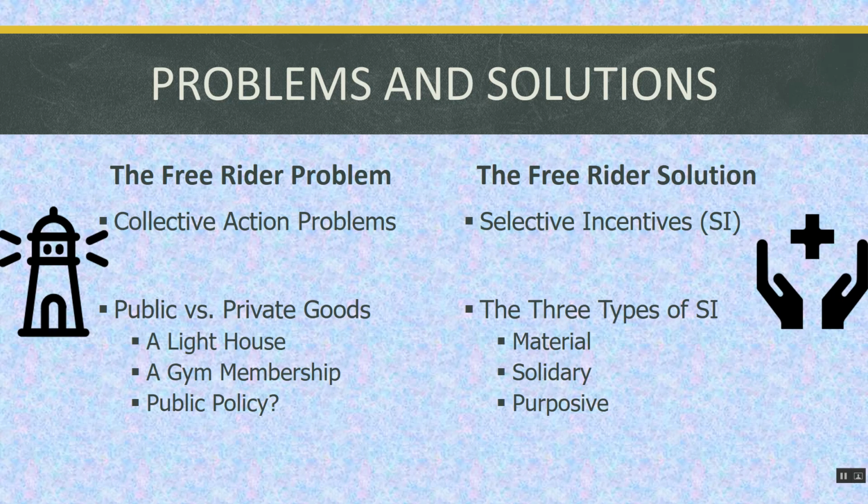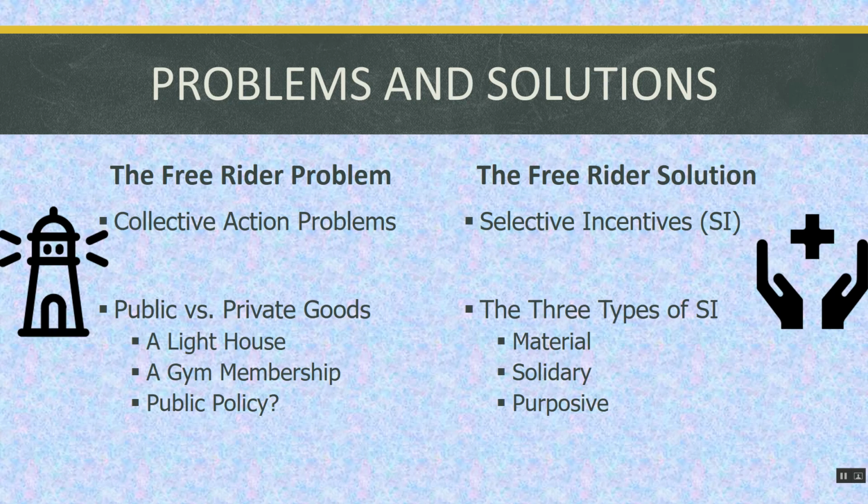So how do they get you to actually volunteer your time, money, or resources to a cause with which you might agree, but from which you could benefit whether you pay the costs or you get a free ride? Well, they're able to overcome the free rider issue without using coercion by offering what we call selective incentives or selective benefits.